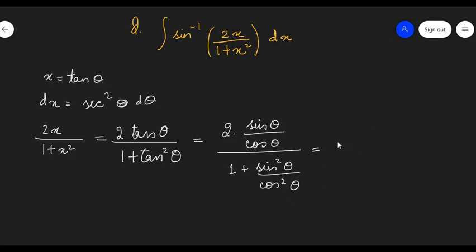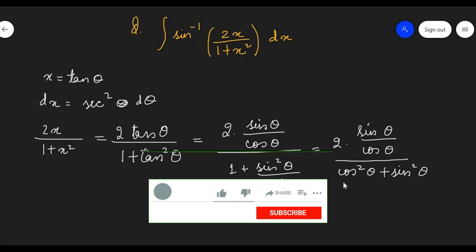Let us take LCM and simplify. So I'm going to get 2 into sine theta upon cos theta upon cos square theta plus sine square theta upon cos square theta. I know that the value of cos square theta plus sine square theta is 1.